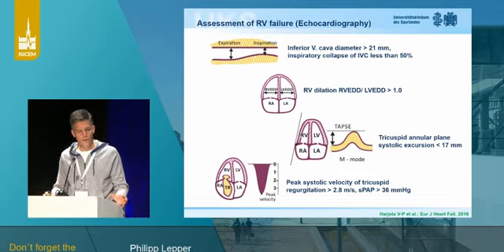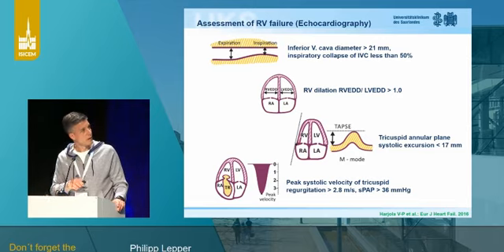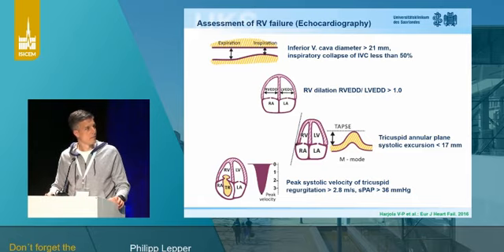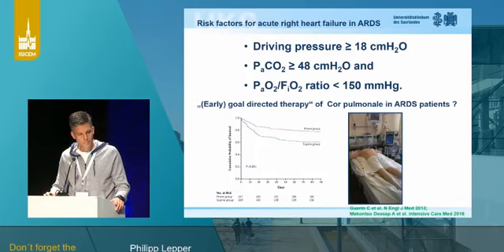It's clear that there are problems associated with all of these values mentioned on this slide. A normal TAPSE can definitely occur in patients with severe pulmonary hypertension, no problem, and still the right ventricle is already compromised.